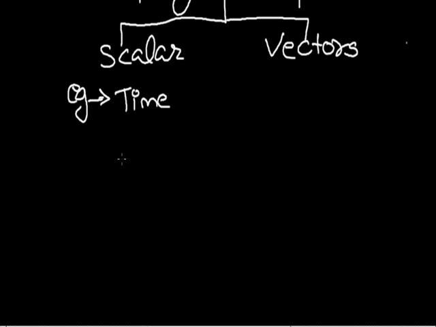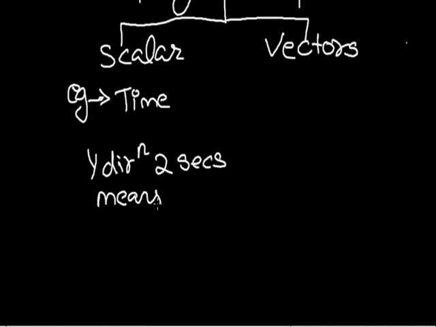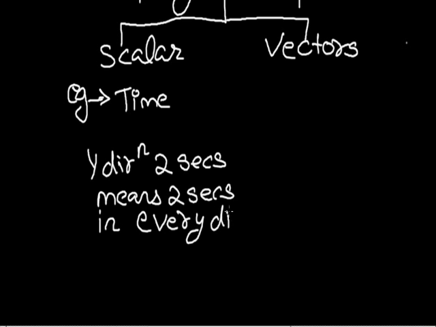If I say in y direction 2 seconds, it means 2 seconds in every direction. This means time is independent of direction, hence we can say that time is a scalar quantity.